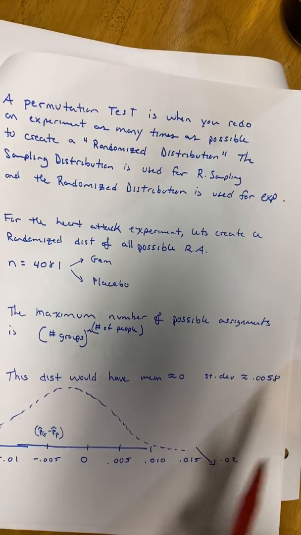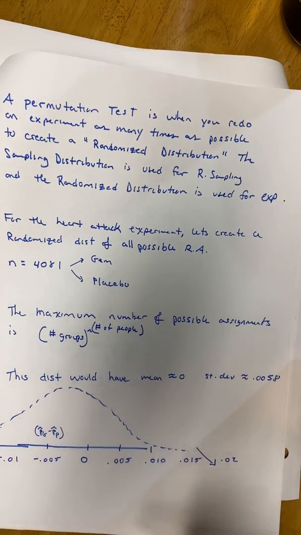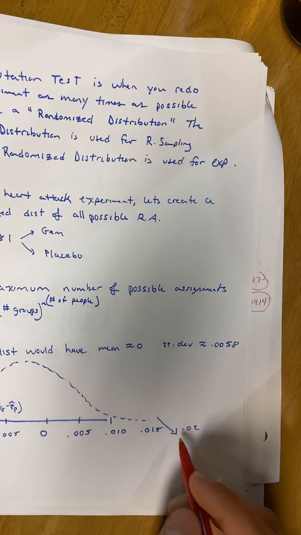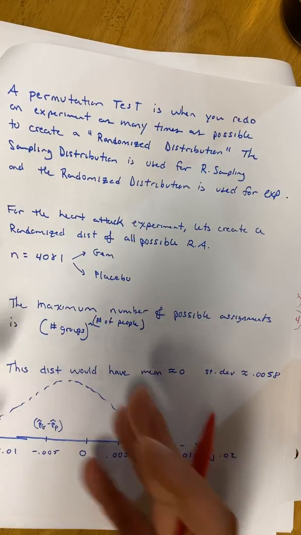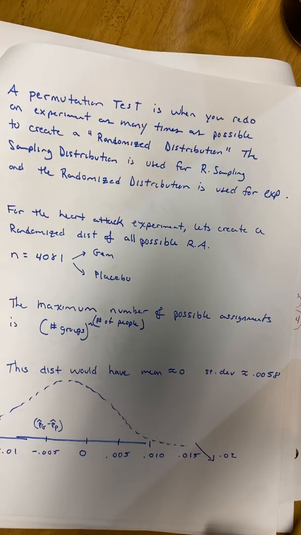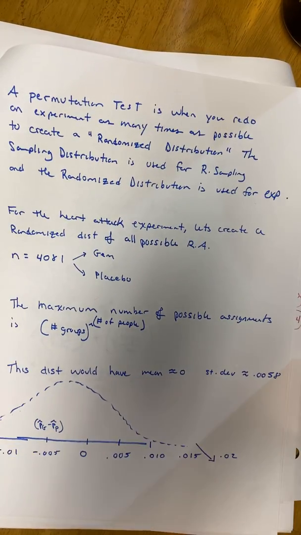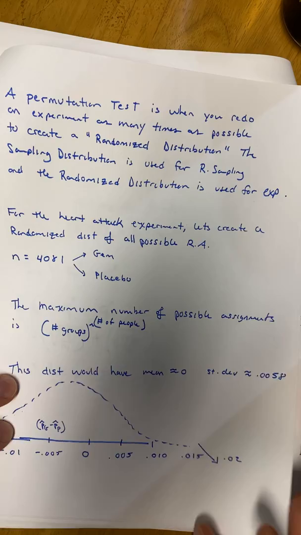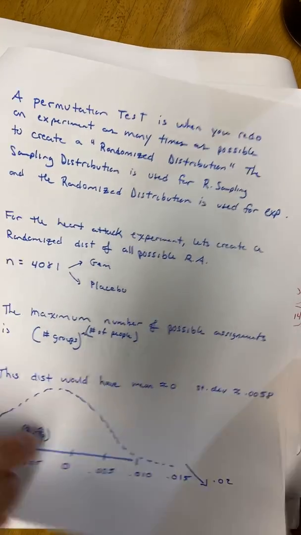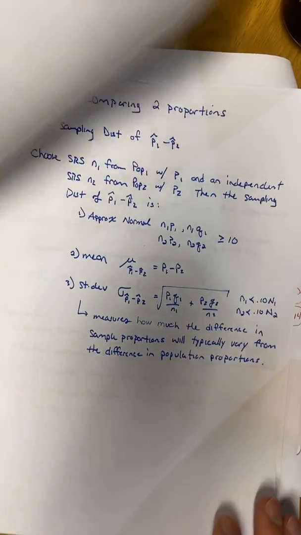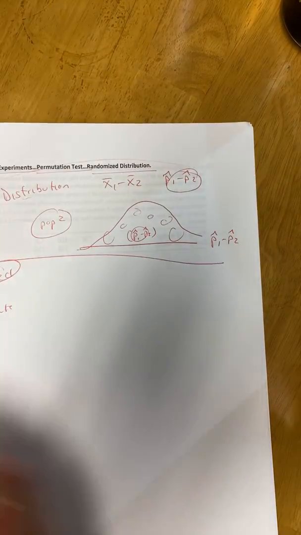All right, we're going to end up getting this as the standard deviation, and then we say, oh, well, my results fell here, assuming that they were equal, and the computer kind of did a randomization of it. So it's almost like a sampling distribution, but it's for an experiment, but you don't really need to know anything more than how to do a p-value if you see it. Okay, so we are pretty much done with chapter 10.